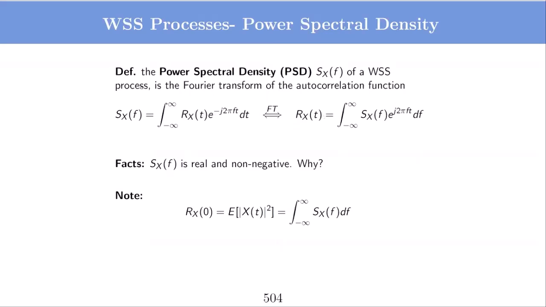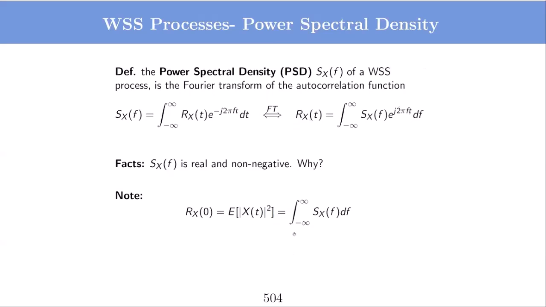Now, because Rx(t) is symmetric, you can guess Sx(f) should be a real function. And it's also non-negative, which we'll see later on. One thing you can notice is that if I put t equal to 0 here, I would get Rx(0). And here, if I put t equal to 0, the exponential will become 1.